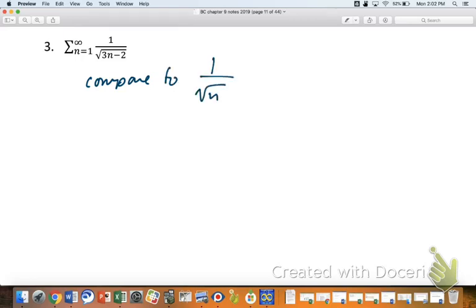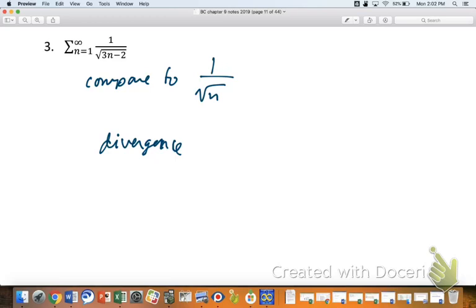You can compare to other things, but to me that would be the most convenient. And if you're comparing to 1 over root n, did you not get divergence for the original? So again, if this is all you wrote on some quiz in the future, you're going to be disappointed. I'm just giving you the quick version because we have like 3 minutes left.